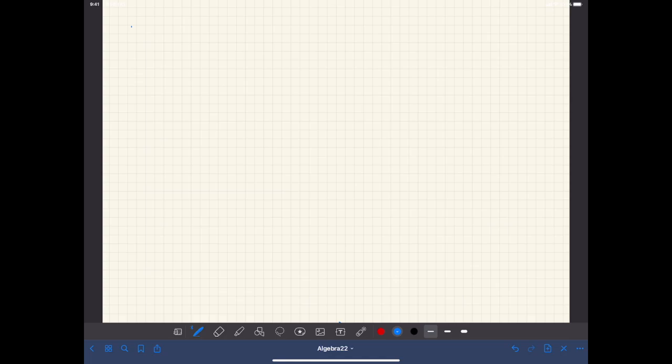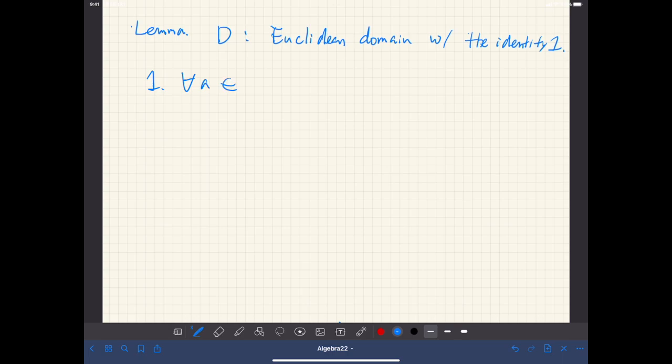Next, let's prove a little lemma. Let D be a Euclidean domain with the identity element 1. Then first, for all elements a of D except for 0, we have v of 1 less than or equal to v of a.